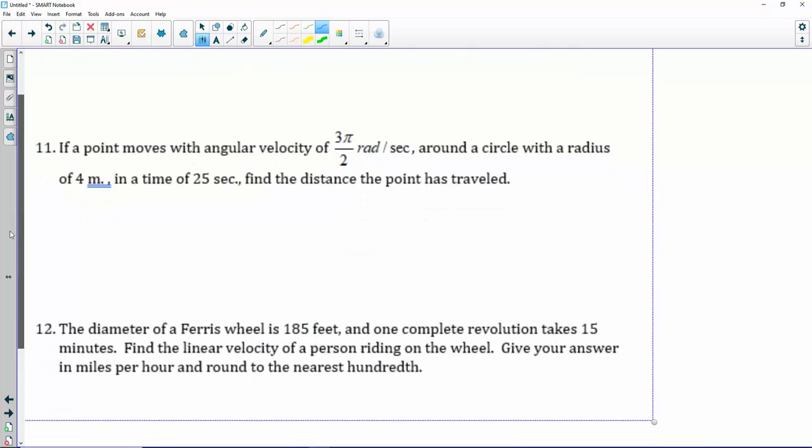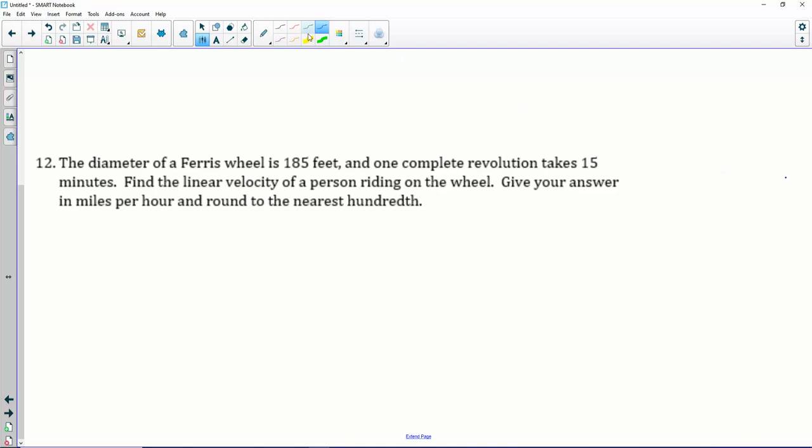Right, so the diameter of a Ferris wheel is 185 feet. Diameter means all the way across. So I'm using that to get my radius, which is just diameter divided by 2. So if you take your 185 and divide it by 2, you get 92.5. Okay, and 1 revolution.